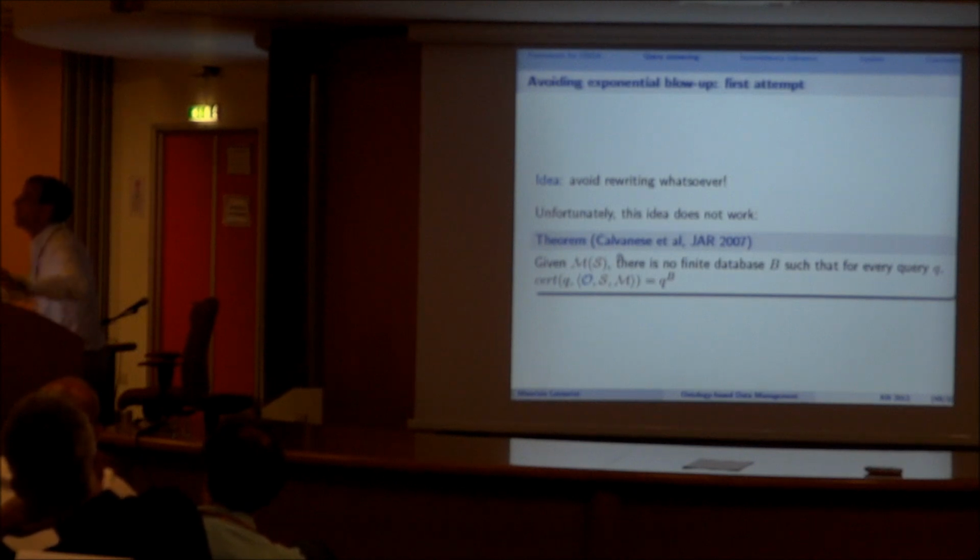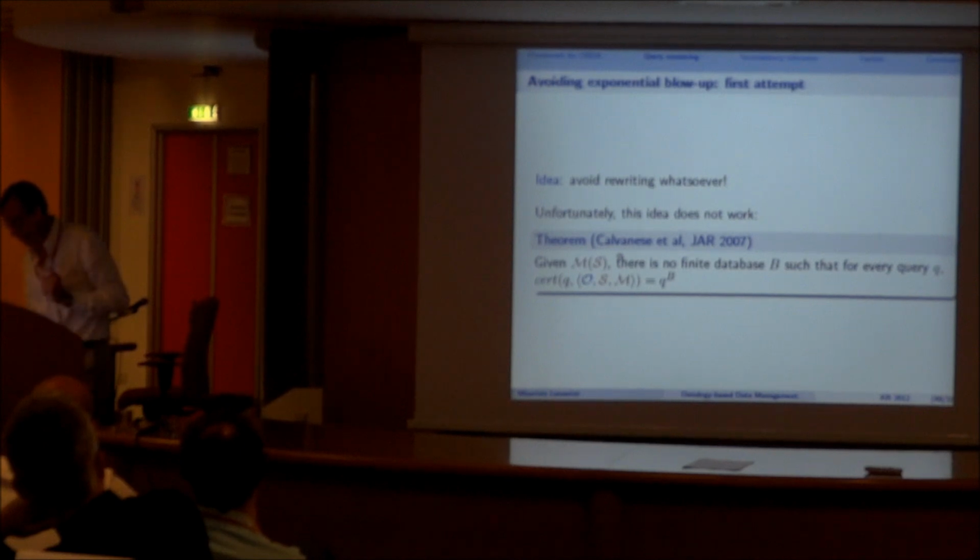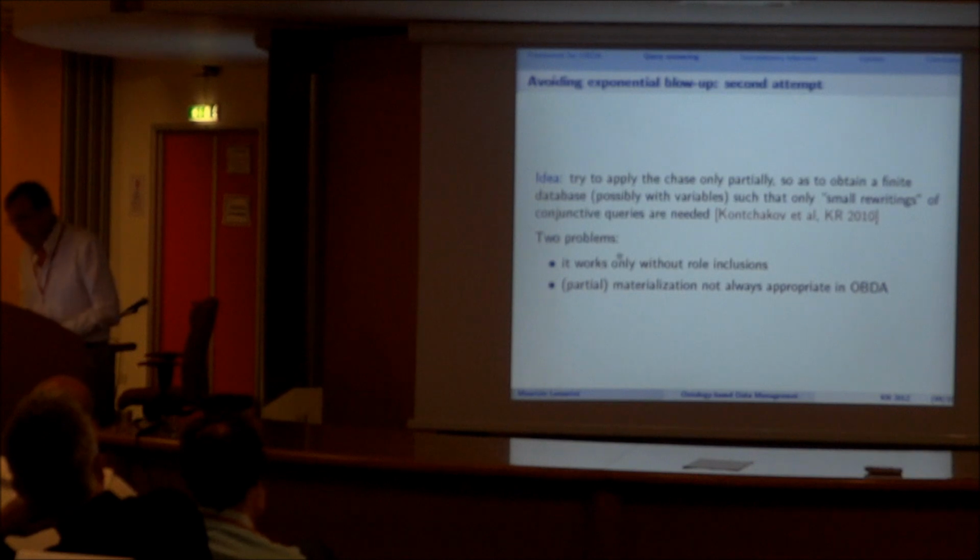So you cannot just build a new structure, forgetting about the ontology, and then evaluate the query. What you might do is go query by query. Given a query, you might try to build a database that is the right size for the query, but you cannot do this in general.